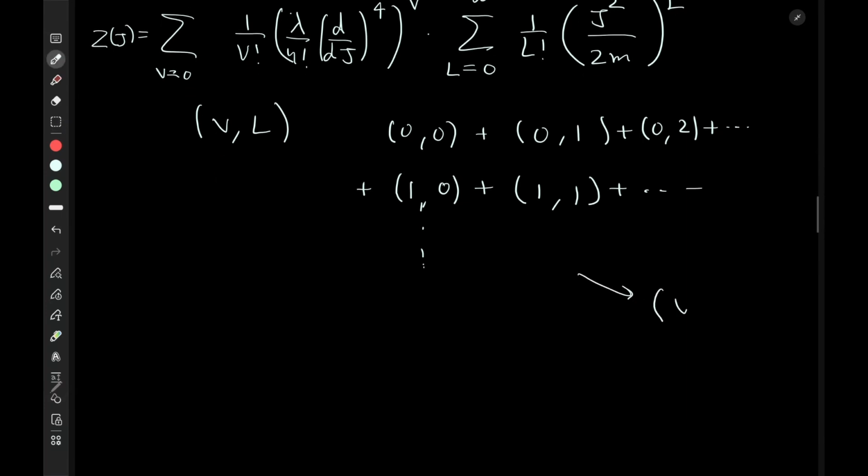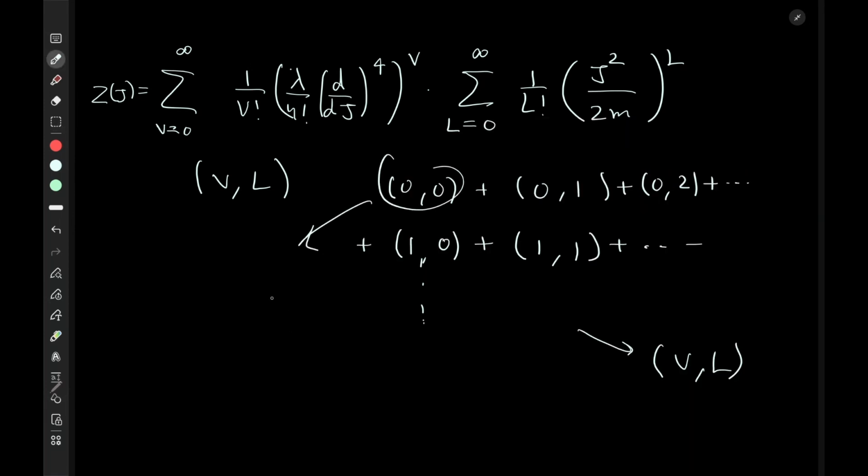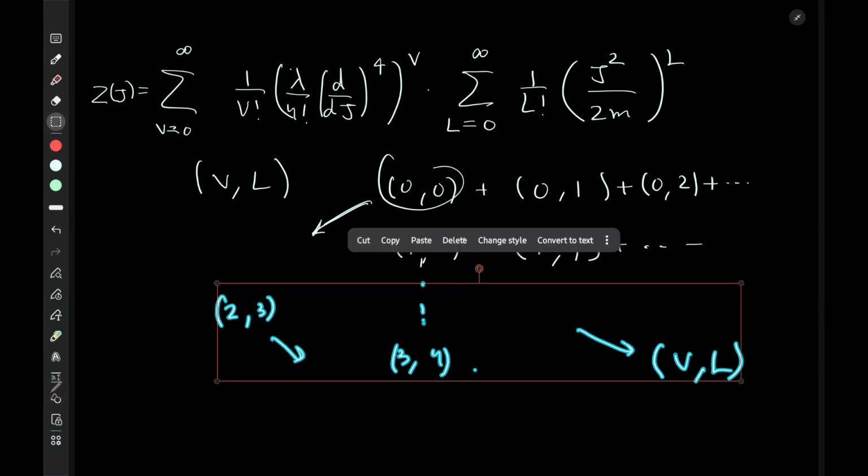Each term can be labeled by these two numbers, v and L. And now what we will do is associate with each of these terms one graph or one diagram. By graph I mean diagrams. So for example, for 2, 3 there will be one diagram, for 3, 4 there will be one diagram, and so on. In general, for any v, L there will be one diagram.